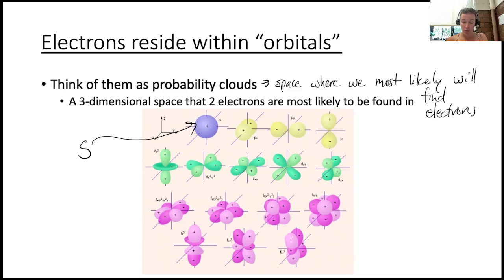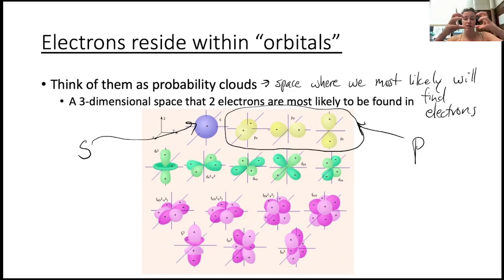The next type of orbital are the p orbitals. And so the p orbitals look like dumbbells. And there's three types of p orbital that are dumbbells either kind of on the x-axis, the y-axis, or the z-axis shown to you here.